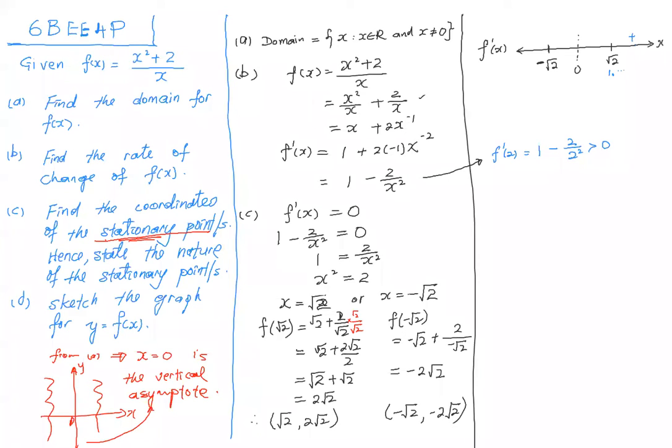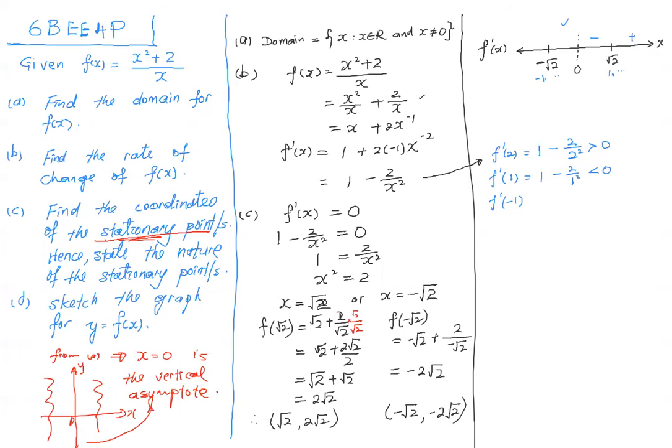Okay, for this region, I put f prime 1. So 1 minus 2 over 1 squared is less than 0, negative. Then for this region, I put f prime negative 1, because this is negative 1 point something.